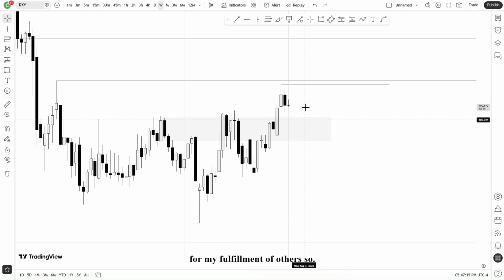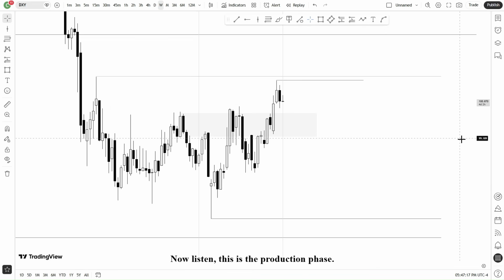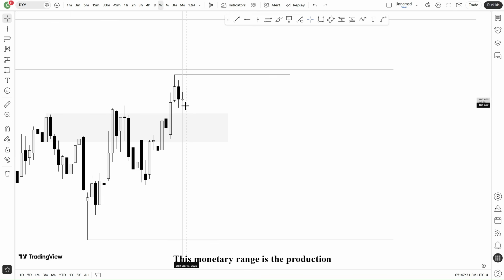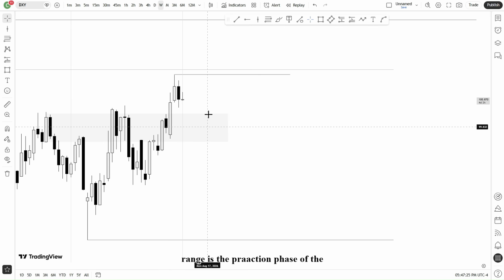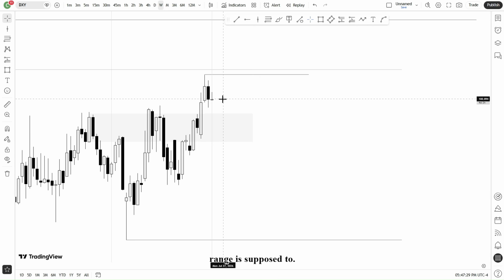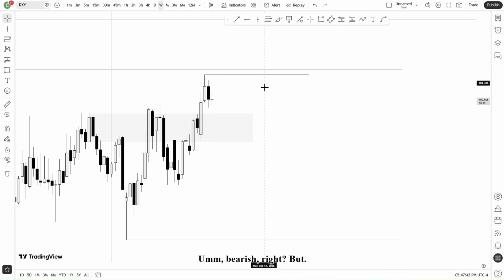So now listen, this is the production phase. This monthly range is the production phase of the quarterly range. So listen, the quarterly range is supposed to be bearish, right?